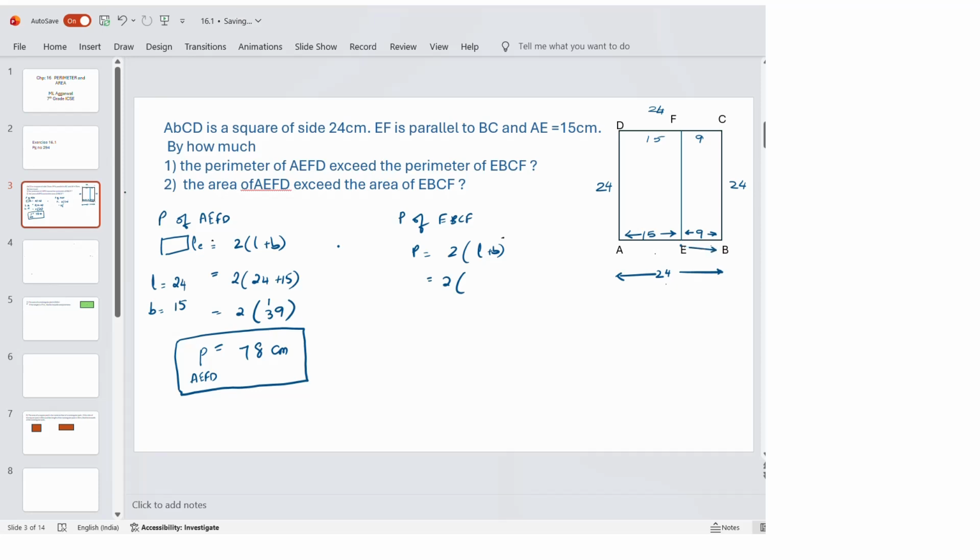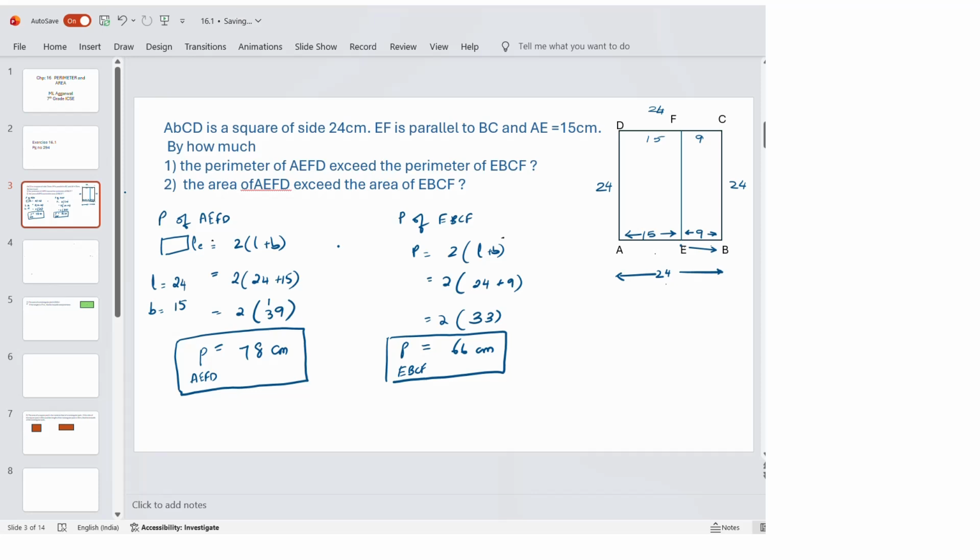So it's 2 into (24 plus 9), which is 2 into 33, which is 66 centimeters. Again, we box it. Now it wants to find out how much the perimeter of AEFD exceeds the perimeter of EBCF.